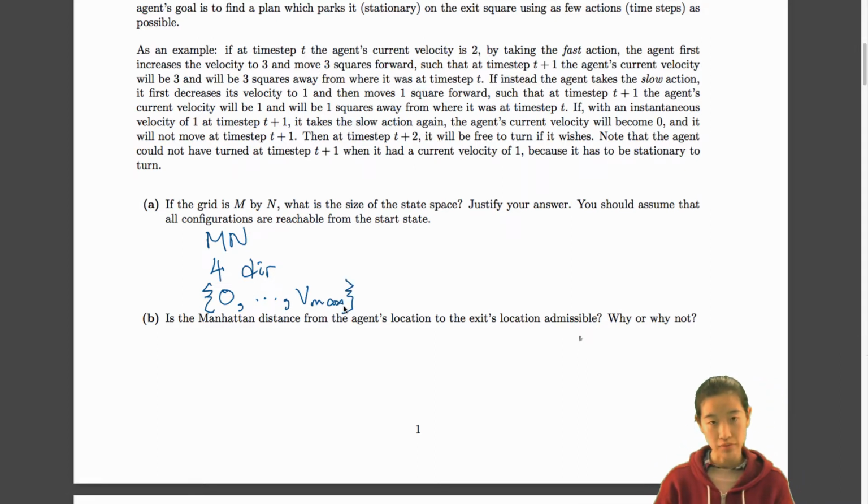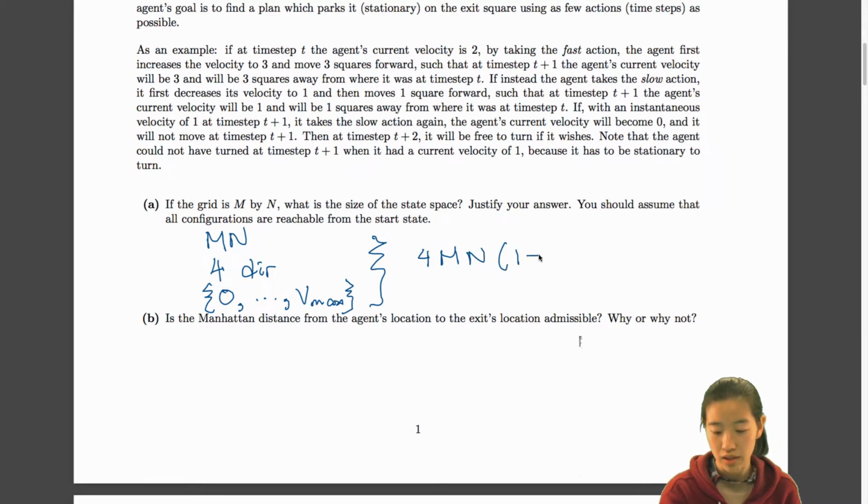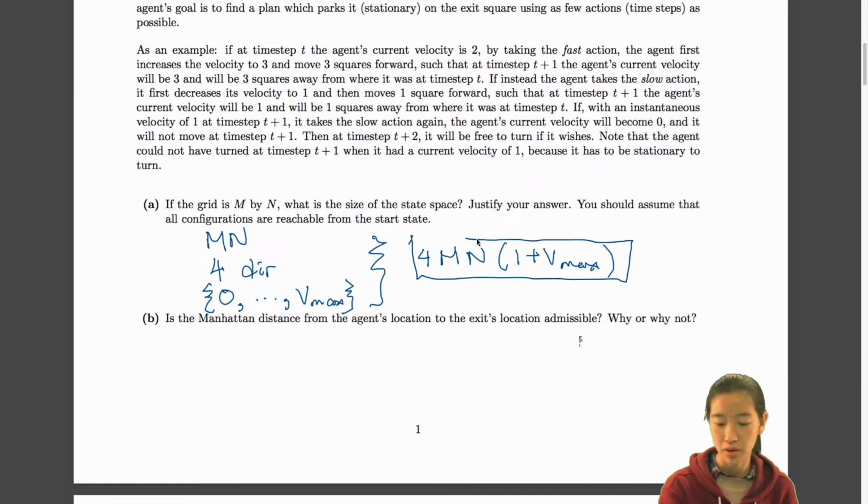So now that we have all this information, we can calculate the size of the state space. So how do we do this? We take all combinations of it, we multiply them together, and we will get 4 times n times n times (1 plus Vmax). That's our solution to part A.